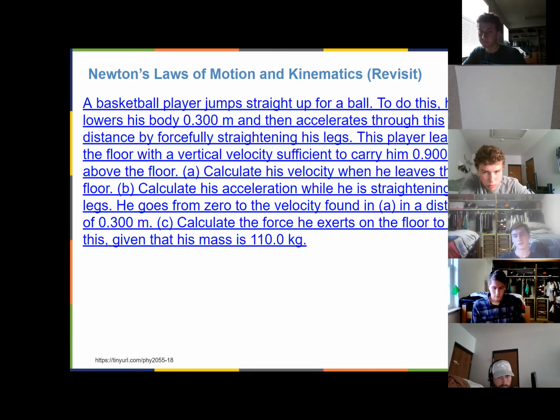So when you sketch the situation here, I think it's easier if you just use a point to represent his body. For example, when he straightens his legs, the body moves by 0.300 meters. You can just use a dot that moves by 0.300 to represent the scenario.